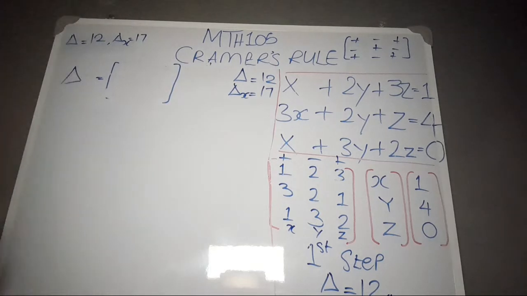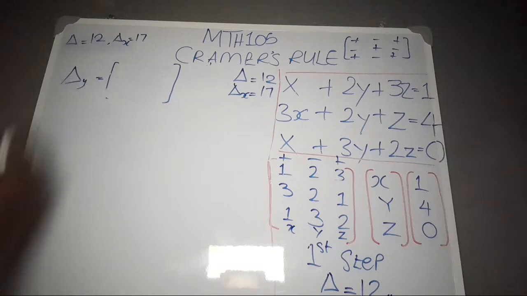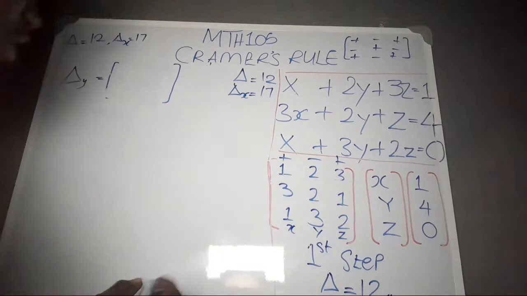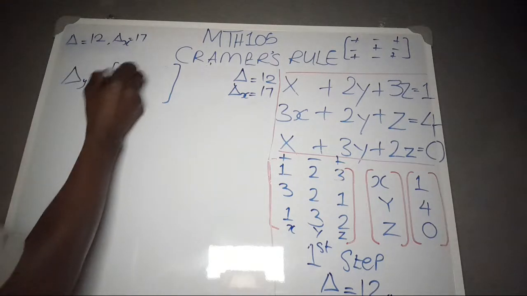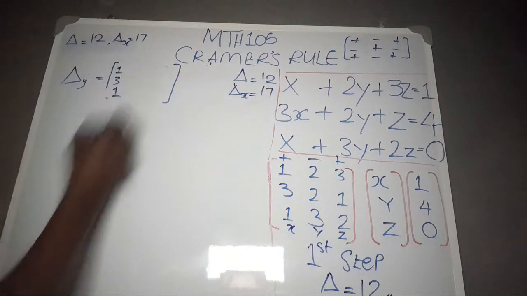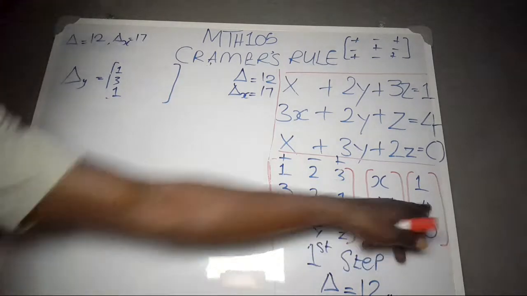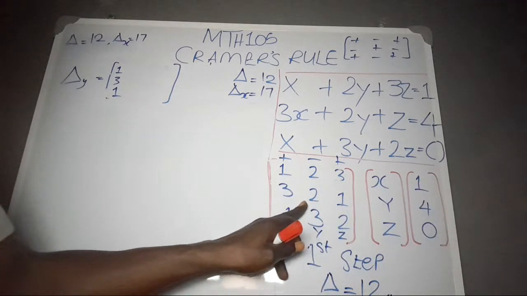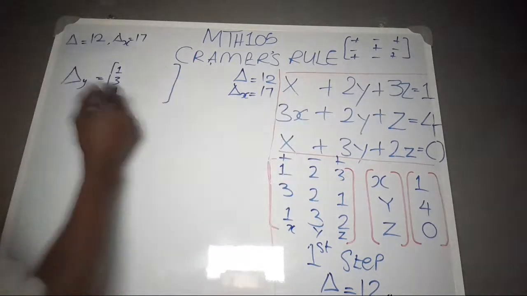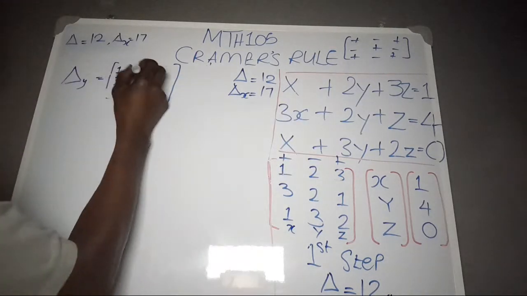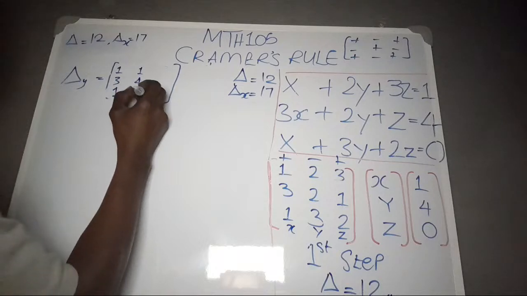So we have for y now. So we are doing for y. So let's interpret this. So x stands as 1, 3, 1. So for y, we are going to substitute the element of y with what the equation was equated to, which is 1, 4, 0.